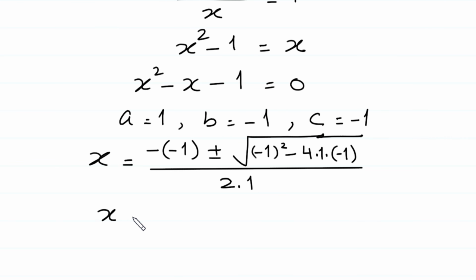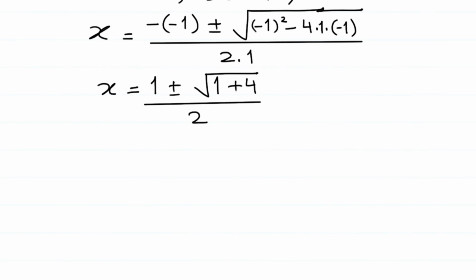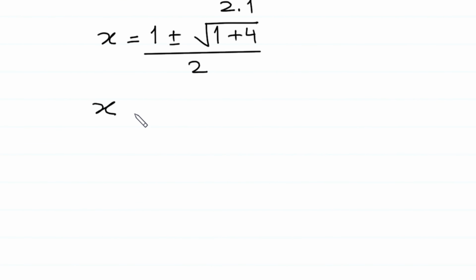Next, x is equal to minus negative 1 is plus 1, plus minus square root of square of negative 1 is positive 1, and minus 4 times 1 times negative 1 is plus 4, divided by 2 times 1 is 2. Next, x is equal to 1 plus minus square root of 1 plus 4, 5, divided by 2.